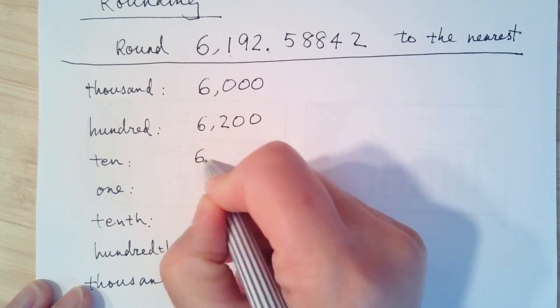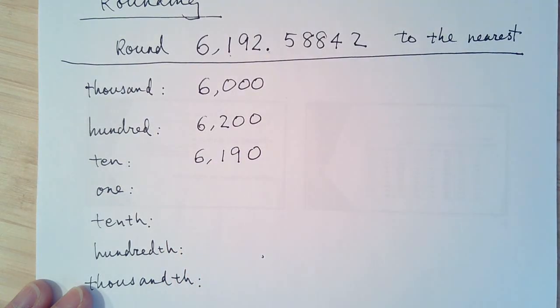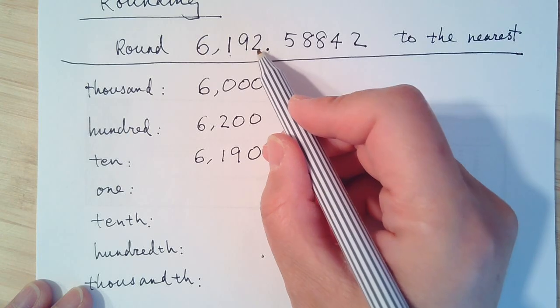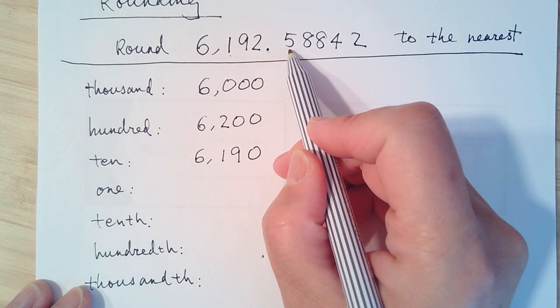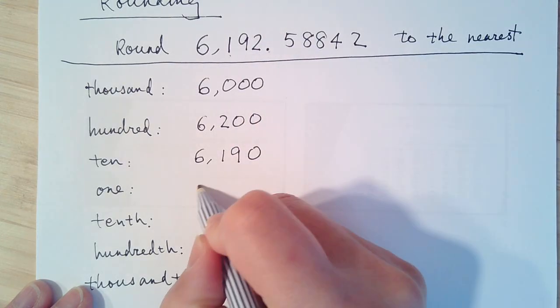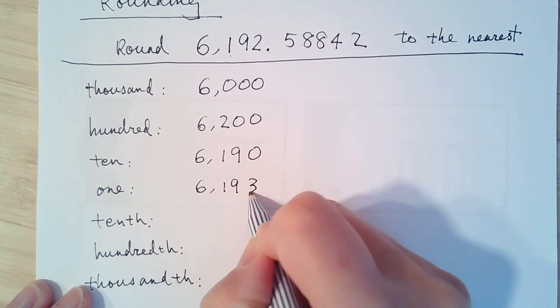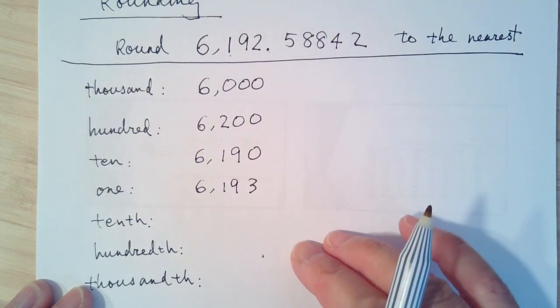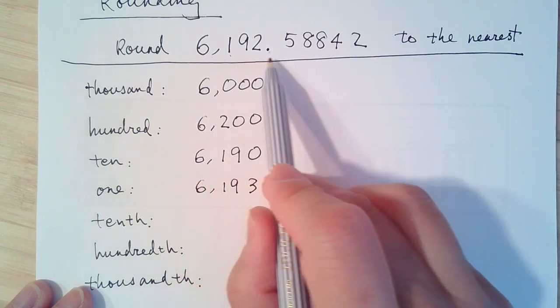So that's going to be 6,190. All right, and rounded to the ones, which is this 2, we're going to stop here. So we look at the digit to the right of it, which is 5. So that goes up. So 6,193.